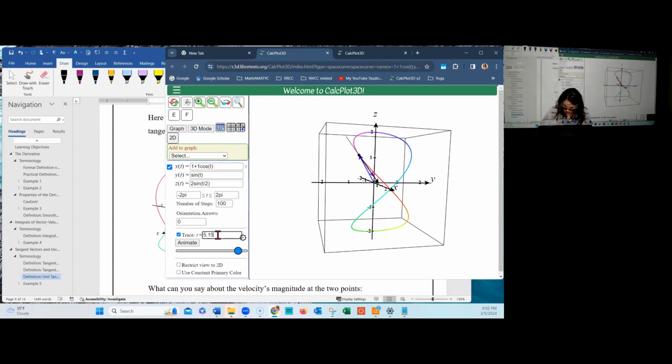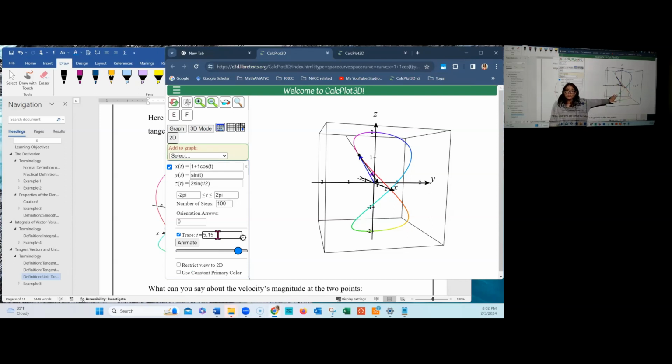At 5.15, when I do that one, notice that the tangent vector in black here sticks out further than the unit tangent vector, which tells me that the velocity, the magnitude, which is speed, is greater when t is 5.15 than it is when t is 2.